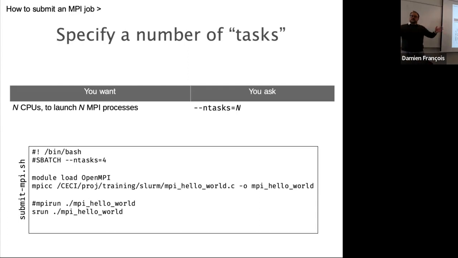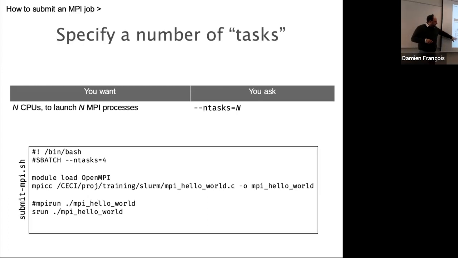But here, inside the context of Slurm, mpirun will ask Slurm how many CPUs were allocated to the job, so you don't need to write it again. So here I write sbatch --ntasks=4, and this will make mpirun or srun start this program with 4 processes running on possibly 4 distinct nodes, or maybe all on the same node, depending on how Slurm was able to pack together the resources that are requested.